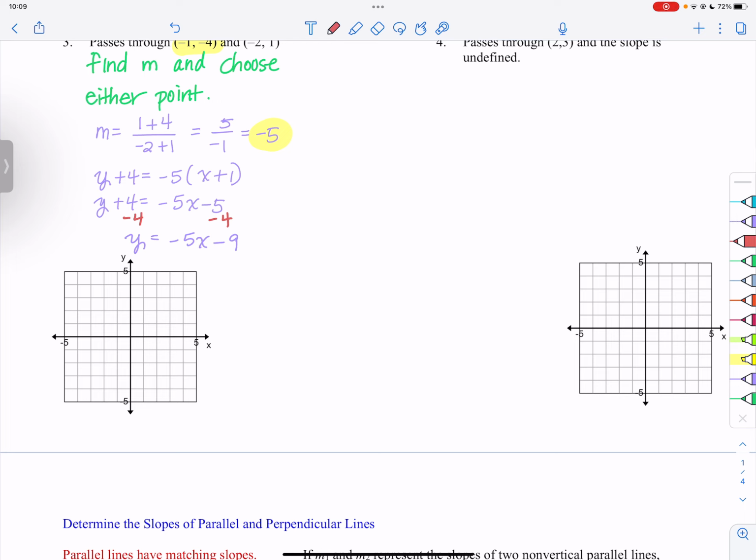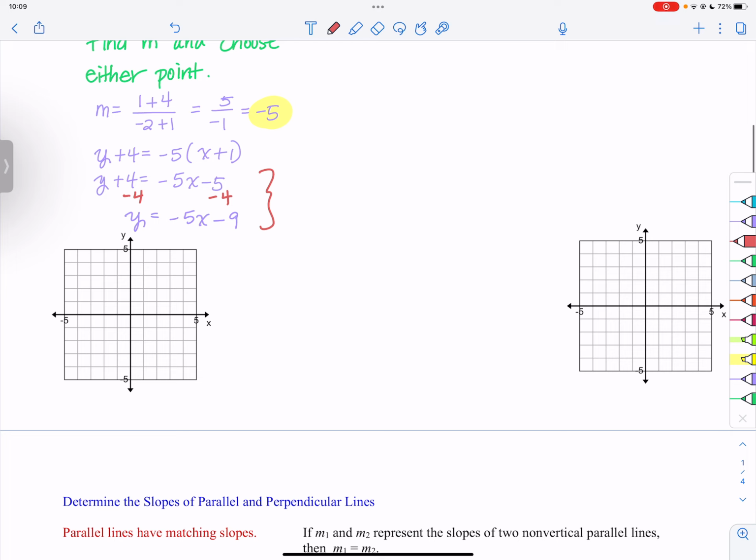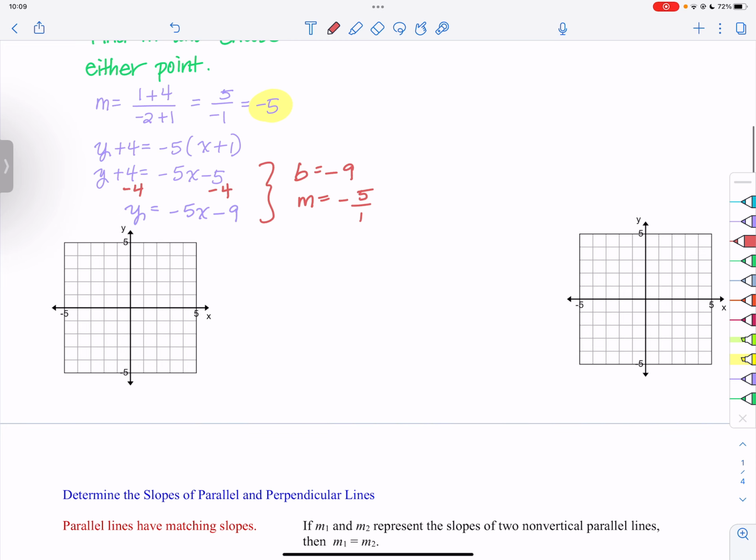So what we have now is a y-intercept of negative 9 and a slope of negative 5 over 1. Negative 9 is not on this graph, so we'll just go ahead and use this point.